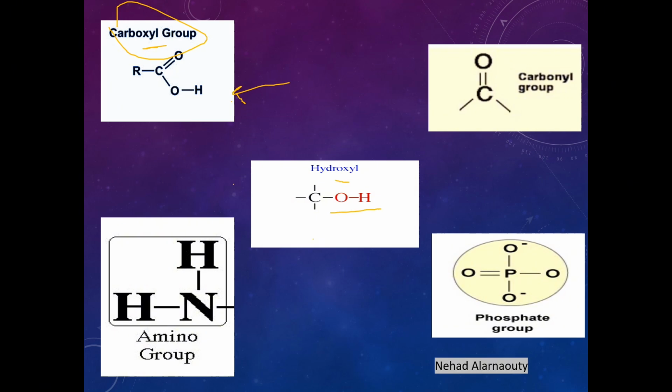The phosphate group has the P in the middle, connected to four oxygens. The carbonyl group is carbon double bonded to oxygen. We have a lot of different functional groups, but I just grabbed some examples to show you.